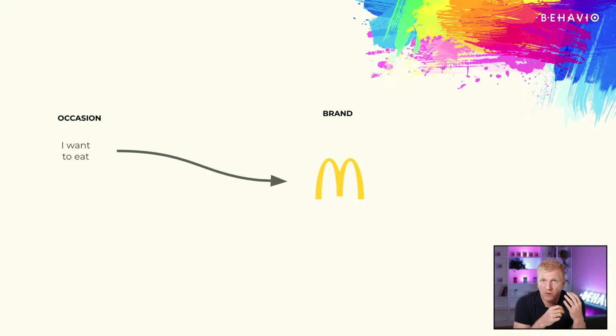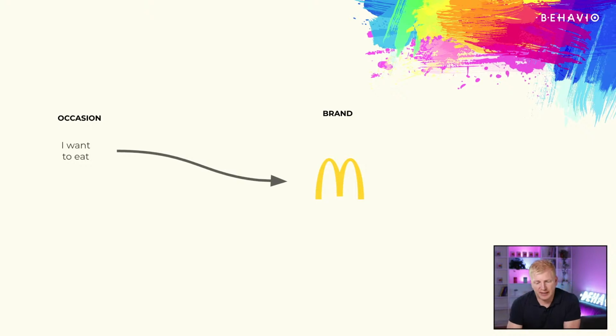And when there is a strong brand, when this is activated, then another network of memory associations of the brand is activated as well. And then I want to eat, and I'm thinking about McDonald's or some other brand. Like automatically the brand is readily coming to my mind.